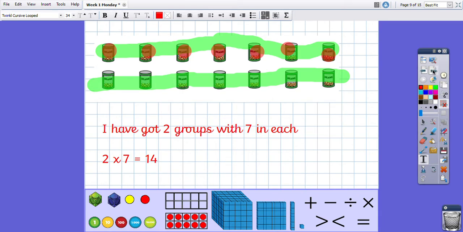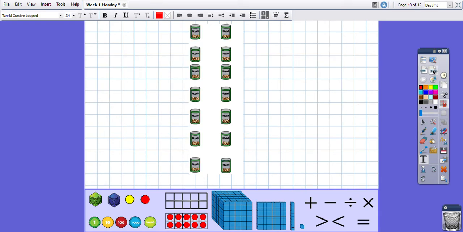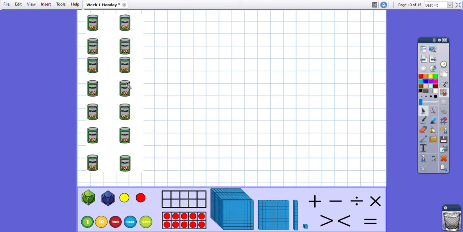I then arranged them in another way, just like this. This time I can see 1, 2, 3, 4, 5, 6, 7 groups.